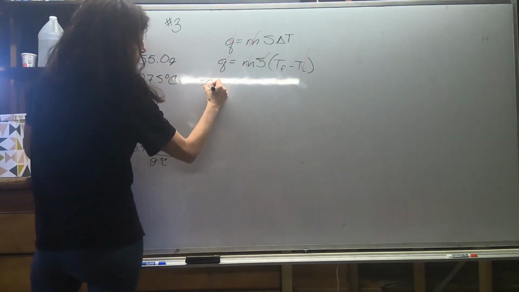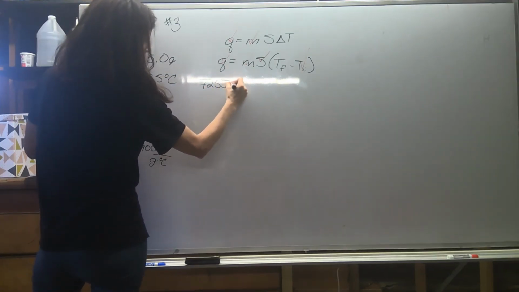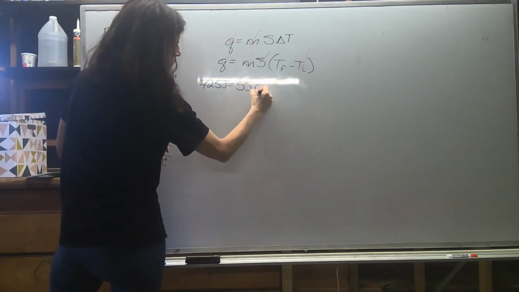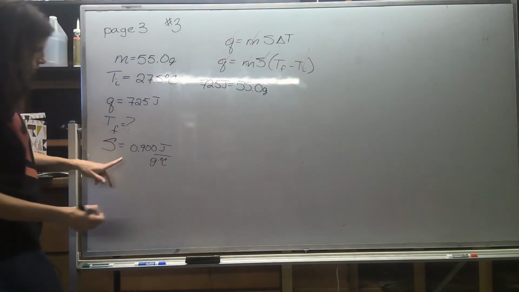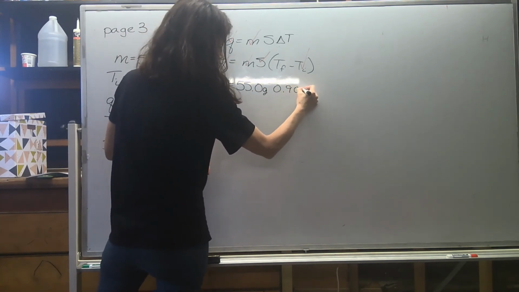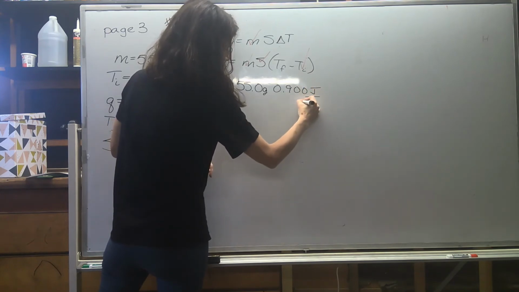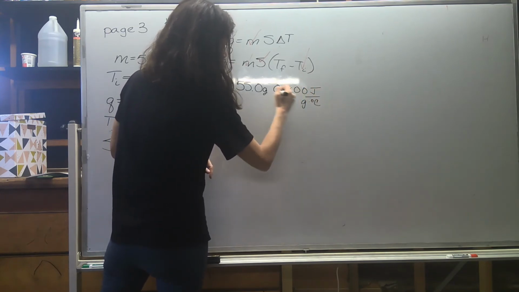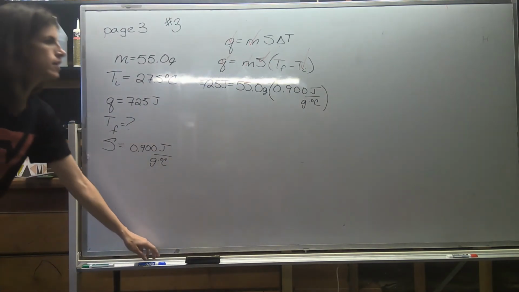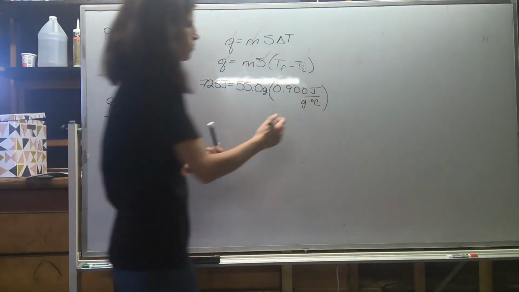725 joules, 55.0 grams. Writing all the units, don't leave out the units. 0.900 joules divided by grams times degrees Celsius. T final is unknown here, so I'll put it in blue.